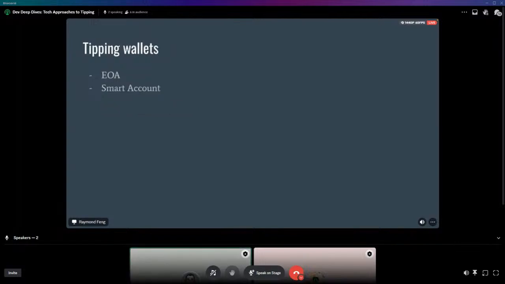Then going back to the topic of tipping, right? You need to have a starting point, and you need to have that container for the money or for the asset, right? So we talk about the different kinds of wallets. Very much like you could have an EOA wallet that's controlled by the key pair. And now you can get a smart account, and the smart account can extend different capabilities to verify the ownership.